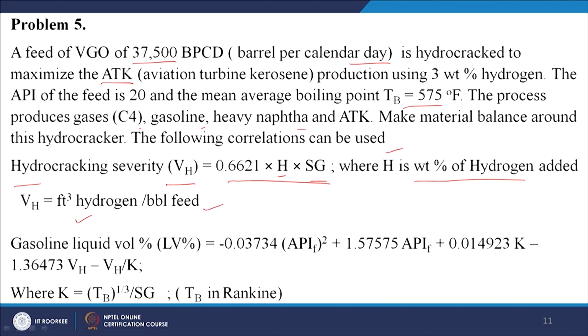Gasoline liquid yield, in liquid volume percent, can be calculated by this empirical relationship: 0.03734 into APIF, the feed API squared, plus 1.57575 APIF plus 0.14923 K minus 1.36473 VH minus VH by K. VH is already given, and K can be calculated by TB to the power 1/3 by Sg, with TB in Rankine scale.